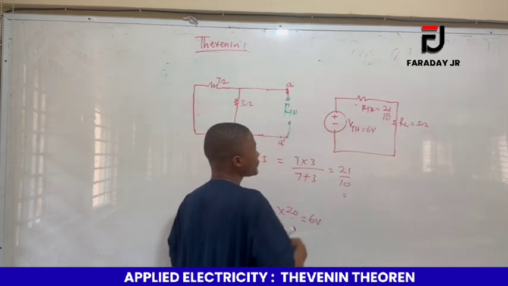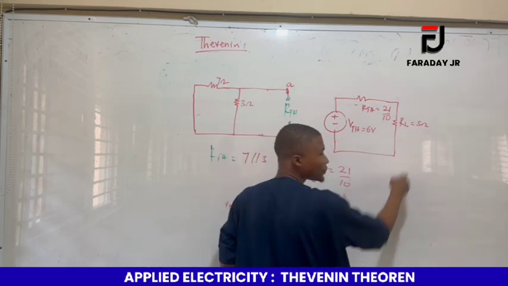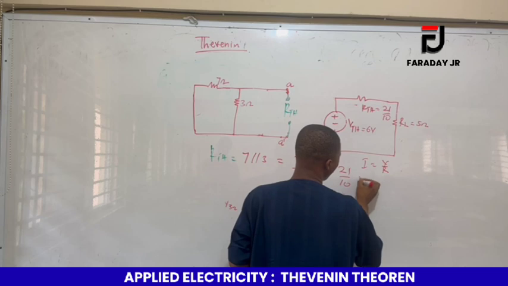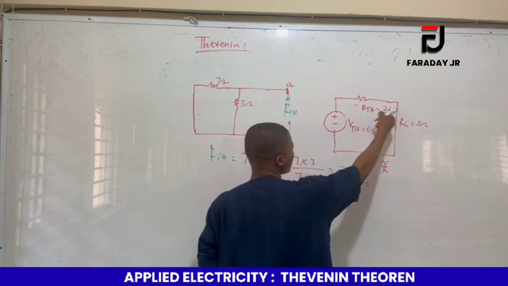Now the question says to find the current across the 5 ohms. Current is the voltage over the resistance, and the total resistance is the summation of these two resistors.